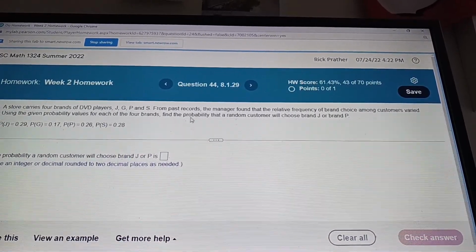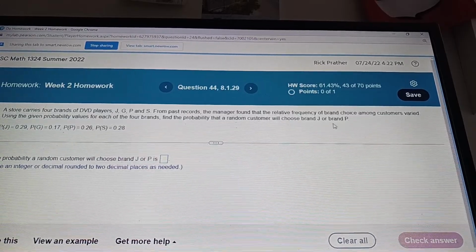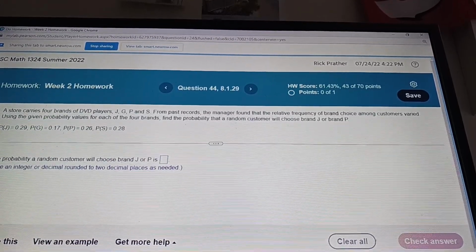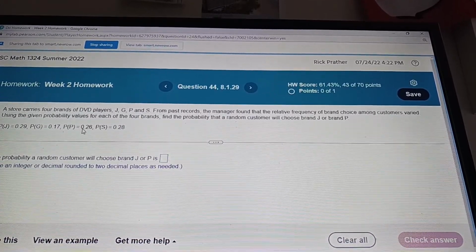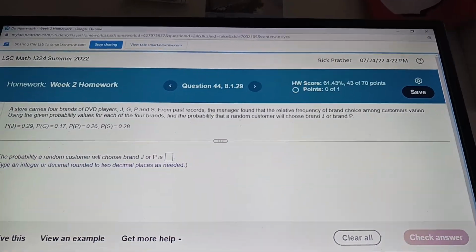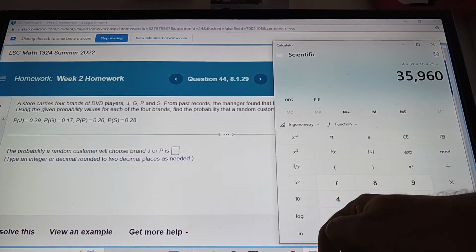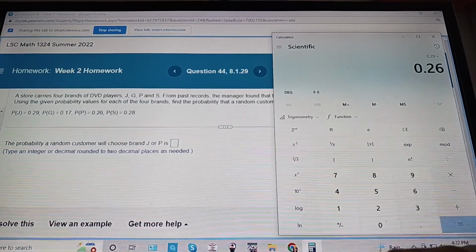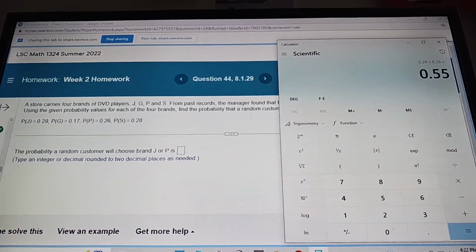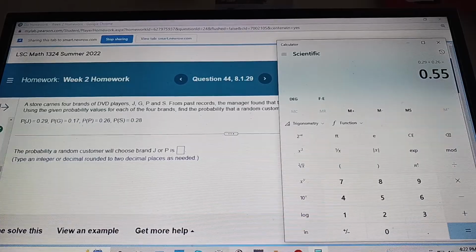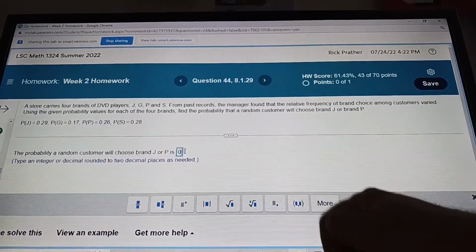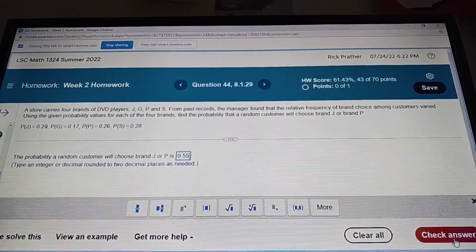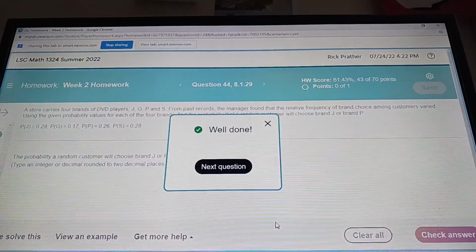So we want the probability that somebody will choose J or P, and J is 0.29, P is 0.26. They've already been divided by the total. So if they're decimals, you can just add those decimals together, and then you get a 0.55 probability of getting one of those two.